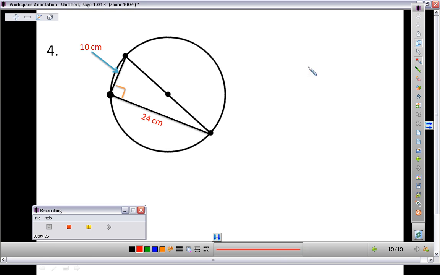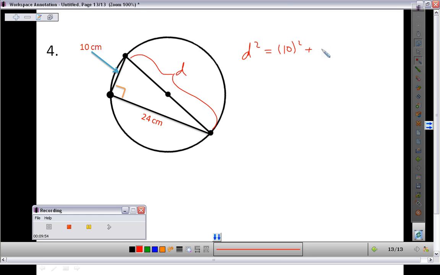Number 4 here. This is a 10 centimeter chord. This is a 24 centimeter chord. To find the exact circumference, I need the diameter. This is a right triangle. To find the missing side of a right triangle, we're going to use the Pythagorean theorem. So I'll call this my diameter. My diameter squared, which is the hypotenuse, is going to equal the leg squared, 10 squared, plus the other leg squared, 24 squared.